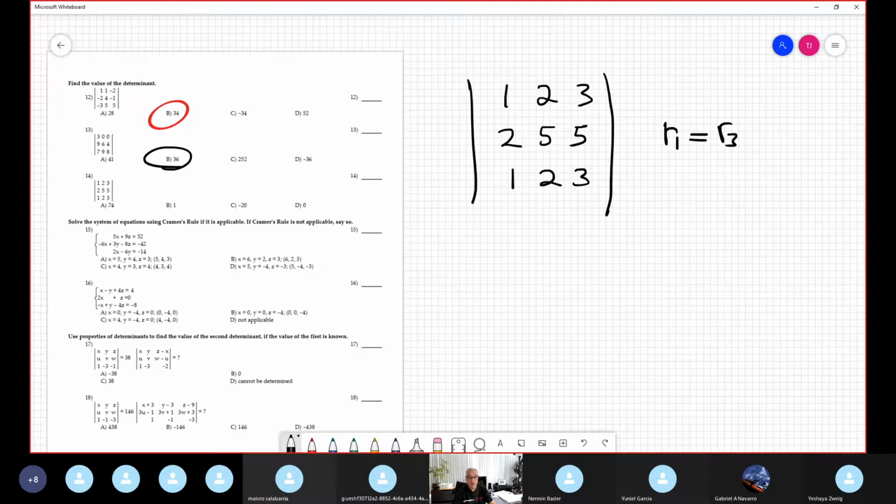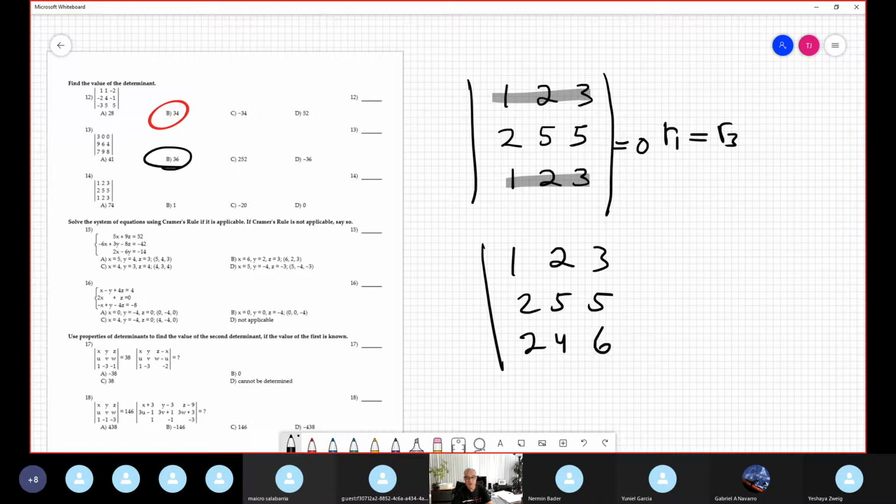Identical. When this situation happens, the value of the determinant is 0. Not only when they are equal, but also when proportional. Suppose another example is 1, 2, 3, 2, 5, 5, and 2, 4, 6. It's also 0 because it's proportional. You can verify in GeoGebra if you want.